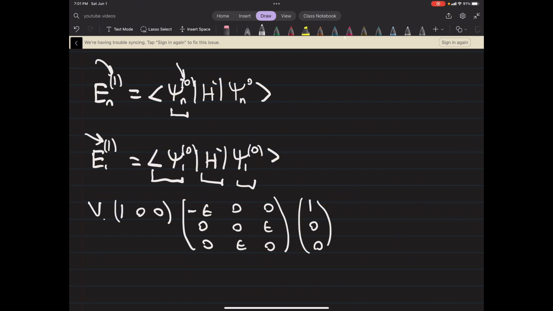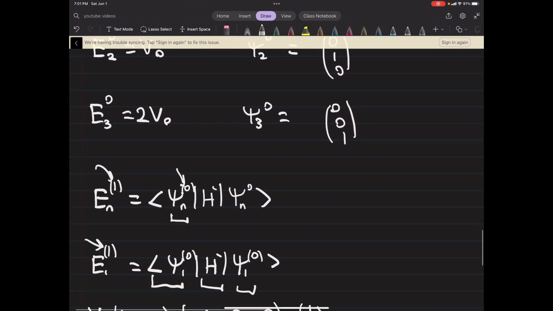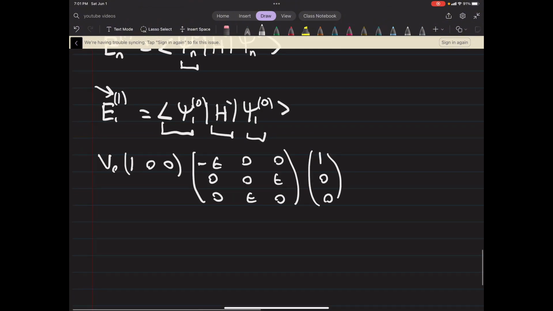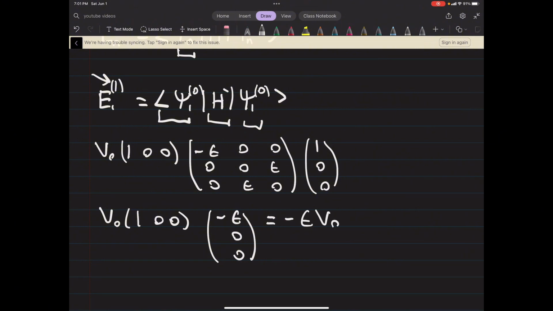And of course there's a V naught because our matrix includes a V naught. Okay? So this is just matrix multiplication. Hopefully you're okay with that. And this will be minus epsilon 0, 0. So minus epsilon V naught when we multiply these out.